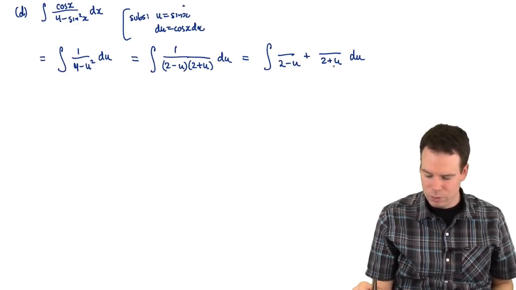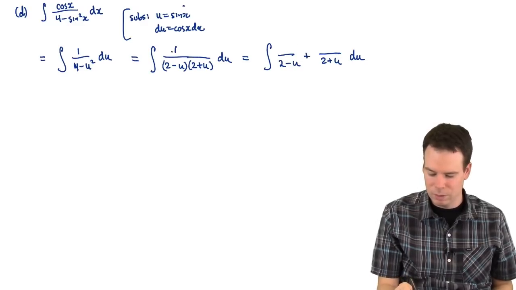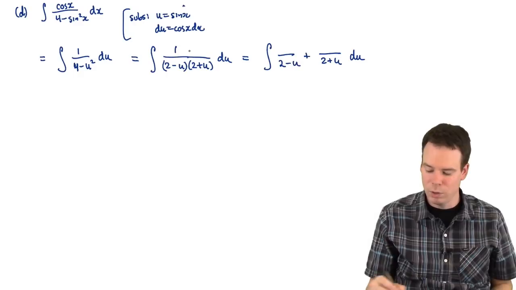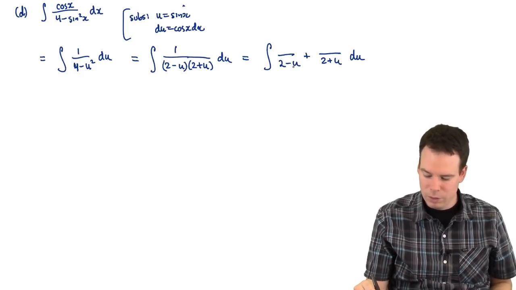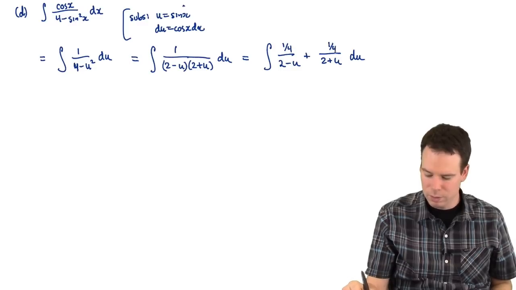I don't want the u's to survive, so whatever I put up here, I've got to put the same number over here, because a u times that number on the top of the first term will be equal to negative u times the number on top of the second term, because they need to cancel out to leave no u's in the numerator. And I need to make sure that the 2's cancel out, so it looks like a quarter is going to work in this case.